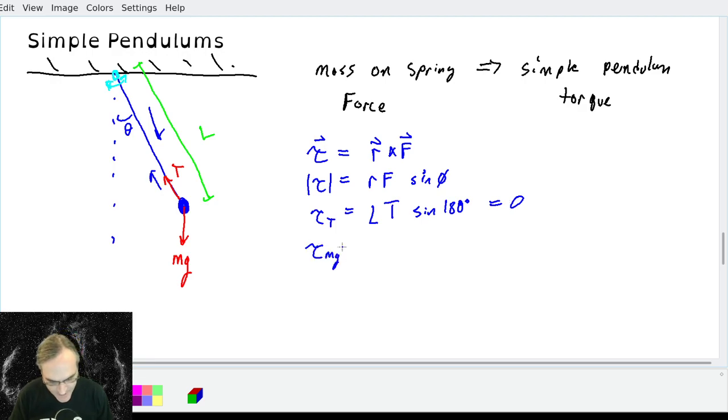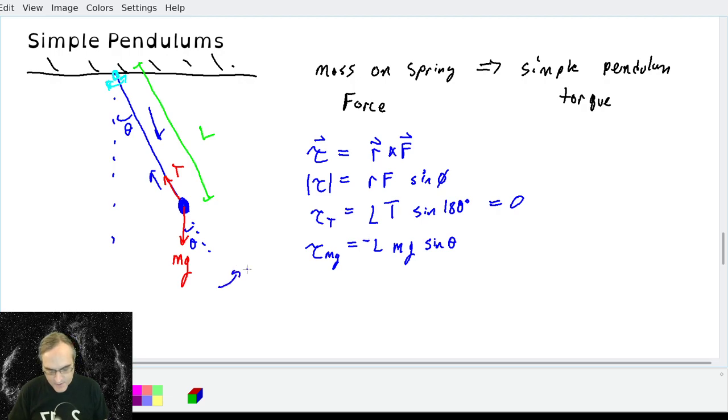Gravitation, on the other hand, it's going to be L and mg. And if we look at the angle between, it's actually the same thing as the angle theta that we're tilted at. So we'll get an mg sine theta, and it will actually vary as things move back and forth. Technically, there's also a minus sign here if we're worried about directionality of it.